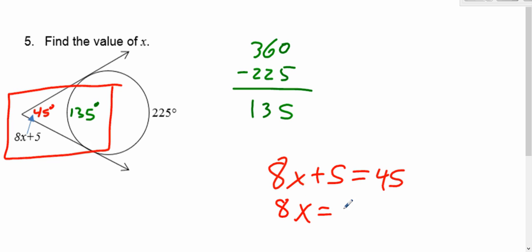So 8x equals 40, x equals 5. The angle and the inside arc add to 180.